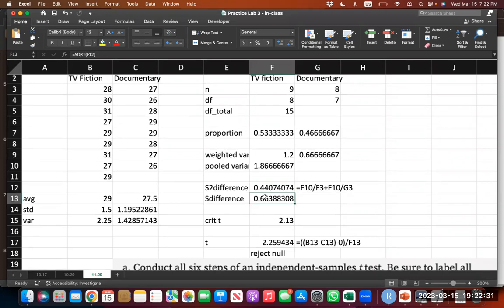And then after square rooting it, that's our standard error of the mean of the comparison distribution. That's the characteristic of a comparison distribution. With a critical t for the total degrees of freedom, we compare our calculated t, which leads us to rejection of the null.